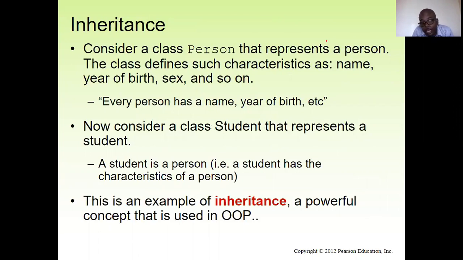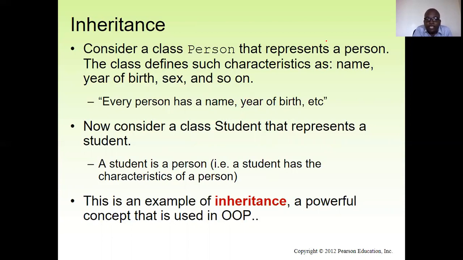All right, in general, inheritance is similar to what we understand in regular life, where a parent has a child and the child is going to have some of the characteristics of the parent. It's a similar concept. But let us look at a programming example where a class, maybe we can call it person, represents some individual or the blueprint for an individual.